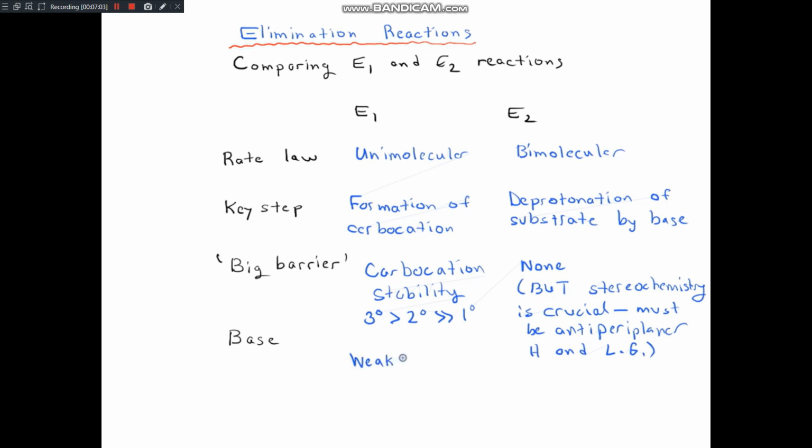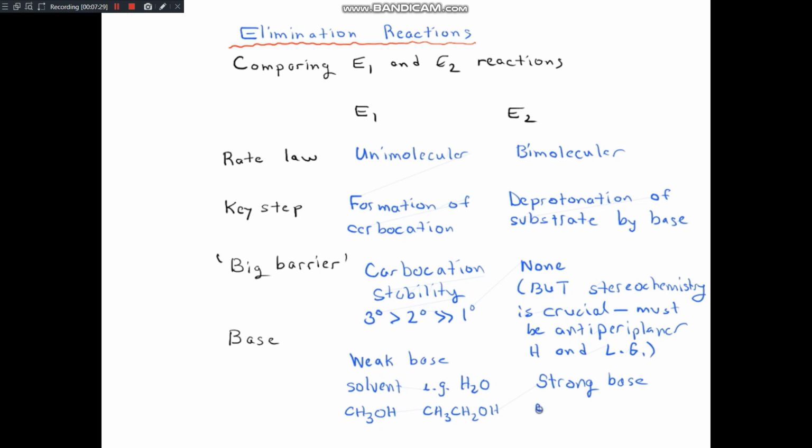And in the E1, it's usually a weak base, usually solvent. So for example, water, or your alcohol if you're using alcohol as a solvent, or ethanol if you're using that as a solvent. So usually a weak base. And for the E2, we're going to be using a strong base.